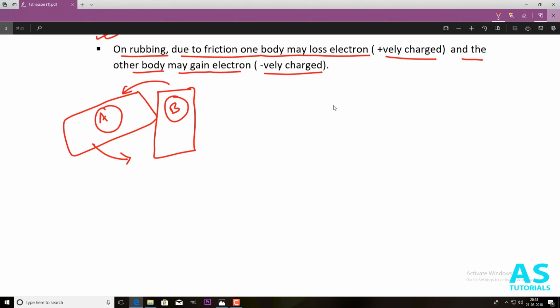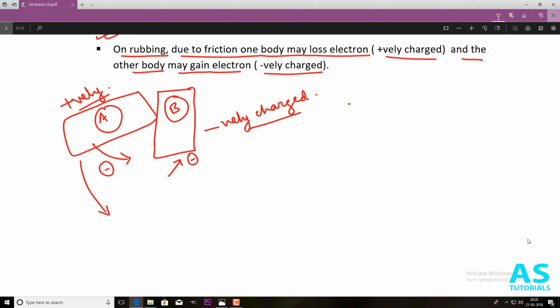Let us assume that on rubbing, the body A is losing electrons. That's why it should be positively charged, and if this body is gaining electrons, it should be negatively charged here. If the body A is losing electrons, these are the electrons which are loosely bound to the nucleus.